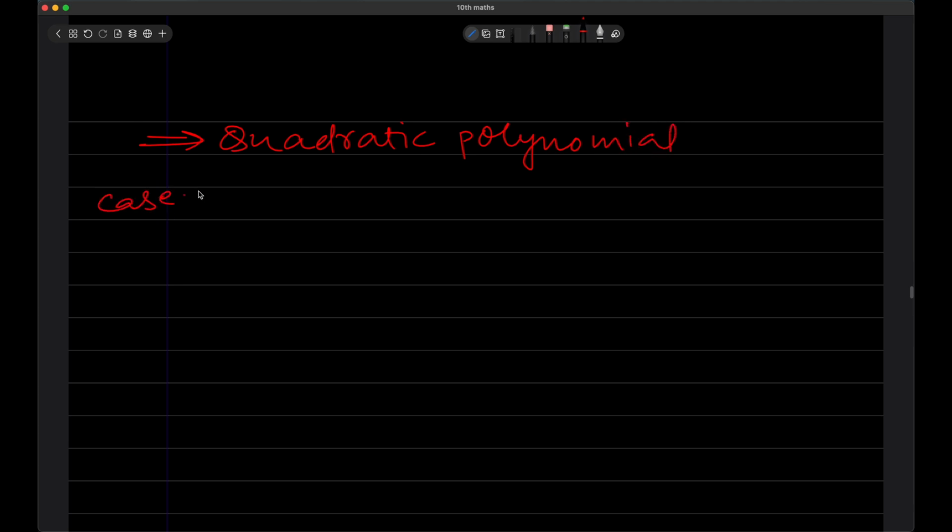Case 1, the polynomial p of x has two zeros.